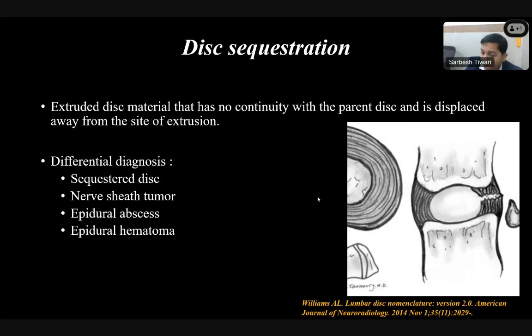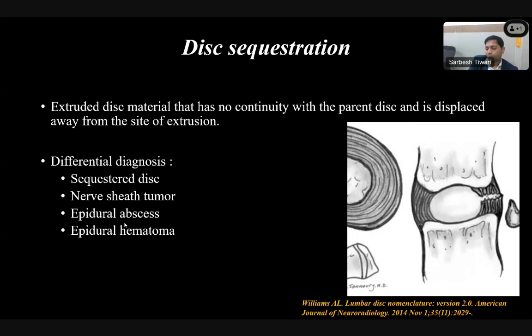So whenever you have a peripherally enhancing lesion in the extradural space, your differentials are a sequestered disc, definitely a nerve sheath tumor. So whoever has answered neurofibroma or schwannoma, they are acknowledged here because this does stand as a differential diagnosis. An epidural abscess in an appropriate clinical setting, where the patient has fever and presents with radicular pain, you can keep as a differential.